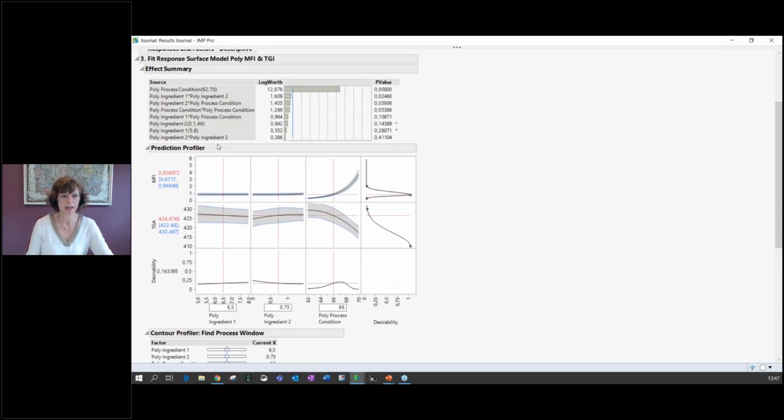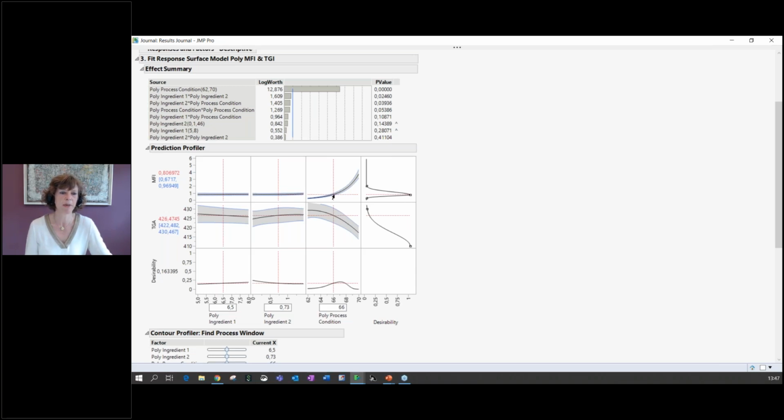On the prediction profiler that Valérie also has shown already, that is a great tool to understand the behavior of the factors. And what I've done here already, it gives you a maximum, the best setting. So there is something called a desirability function. And for example, for the MFI, I have a target, and I can say here, that is the maximum desirability for the result of MFI.